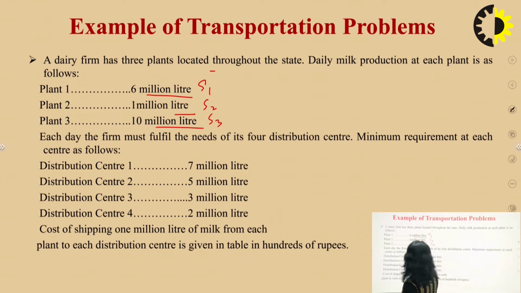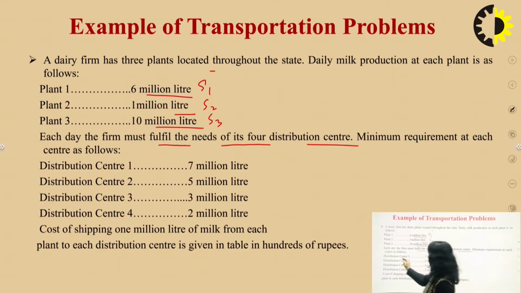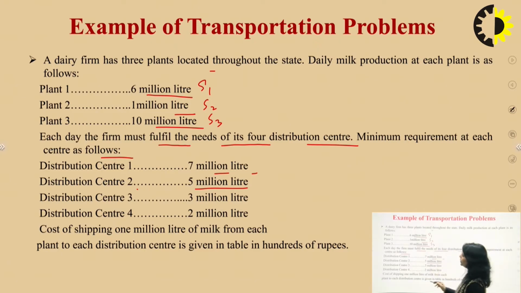Now each day the farm must fulfill the needs of its 4 distribution centers. So 3 are the supply centers and 4 are the distribution centers. The minimum requirement at distribution center 1 is 7 million liters, center 2 is 5 million liters, center 3 is 3 million liters, and center 4 is 2 million liters.